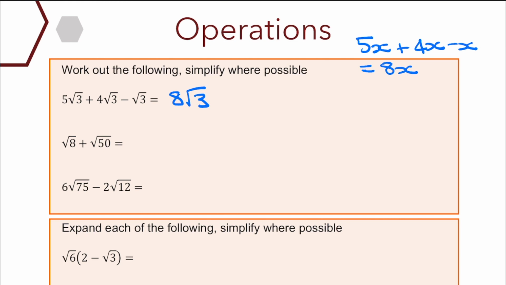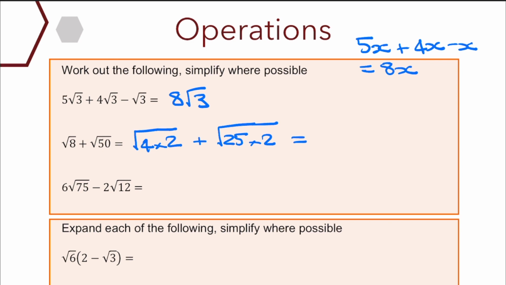The root 8, first of all, square number that goes into it is, of course, 4. We'd need to times that by 2 to give us 8. Similar with the root 50. 25 is the biggest square number that goes into it. Need to times it by 2 to give us the 50. Simplify from there. Root 4 times by root 2 when we split it into 2 separate surds.